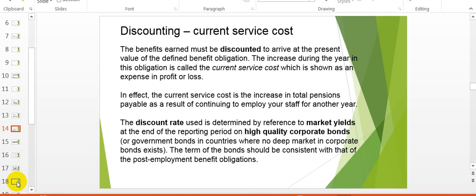You are required to be able to explain what the current service costs are, how they are arrived at, and what kind of discount rate is used. When a calculative question comes, it is rare to find a question where you actually have to discount these current service costs.